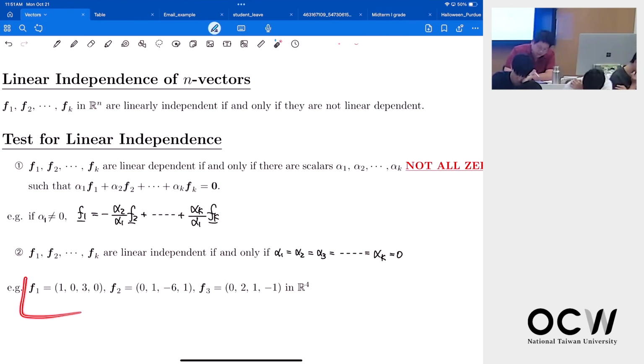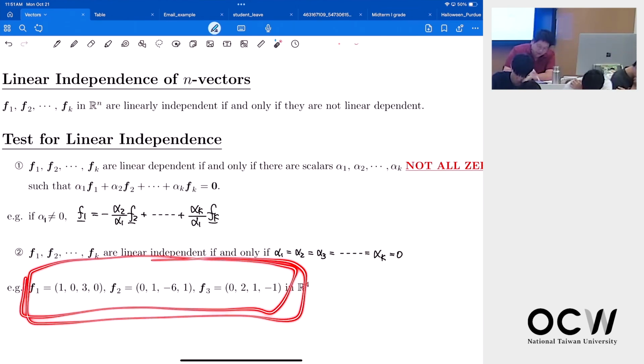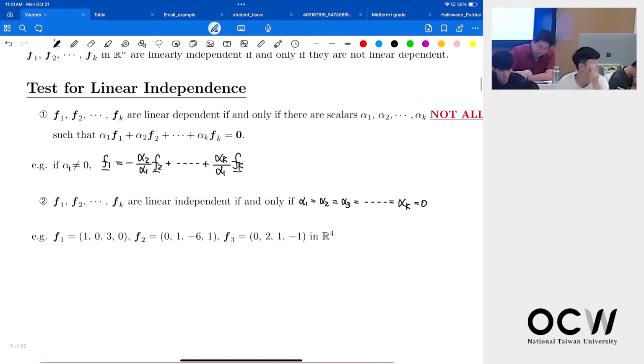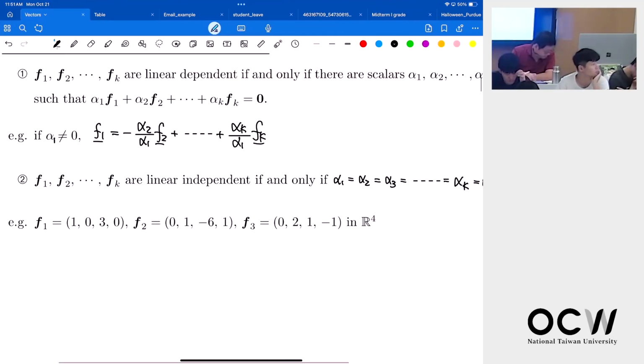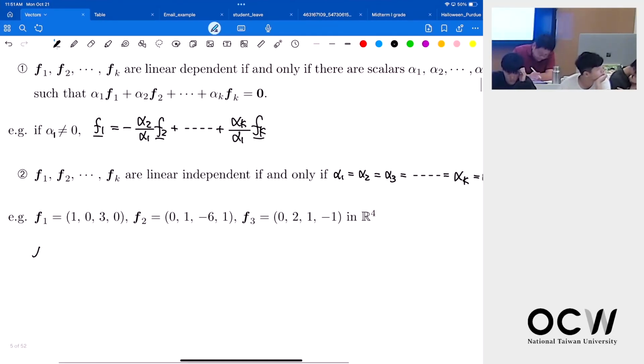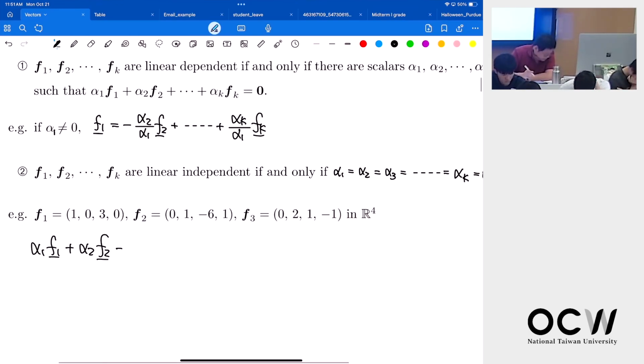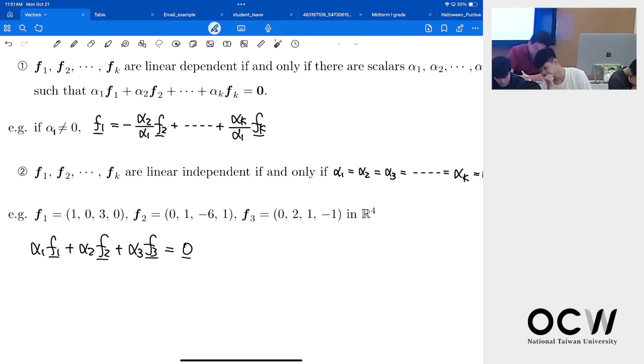First, to have a linear combination of these three vectors, alpha 1 f1 plus alpha 2 f2 plus alpha 3 f3. That's a 0 vector.